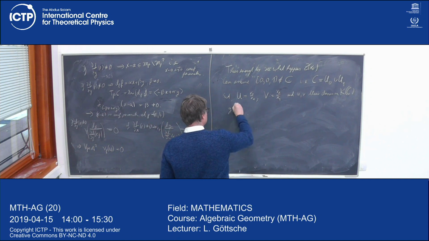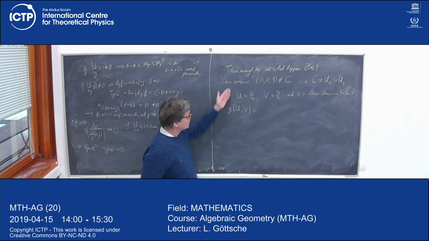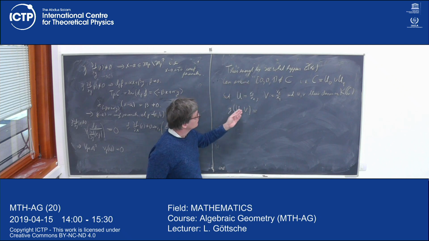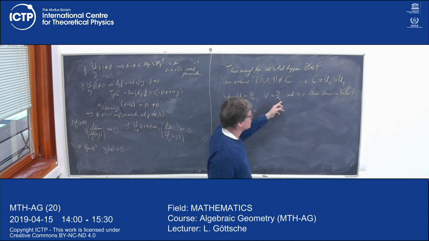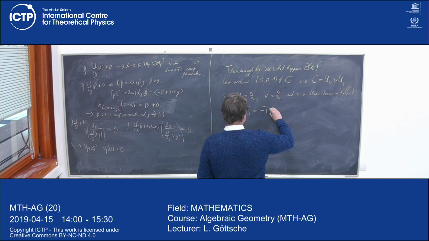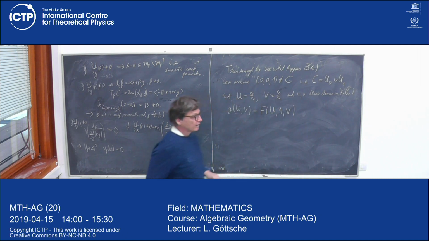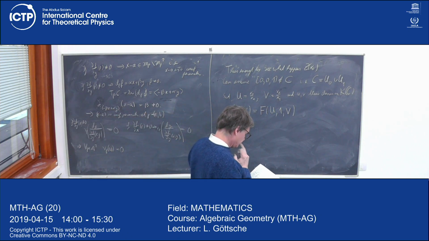I write G of u, v to be what I get from our F if I put myself in this chart, so putting the coordinate x1 equal to 1. So this is F of u, 1, v.